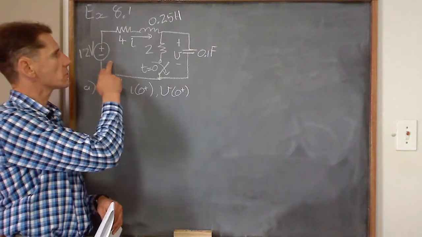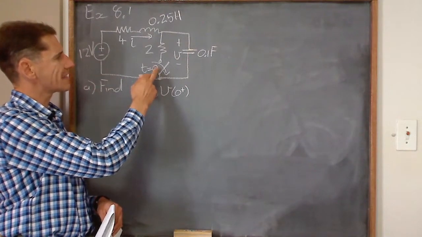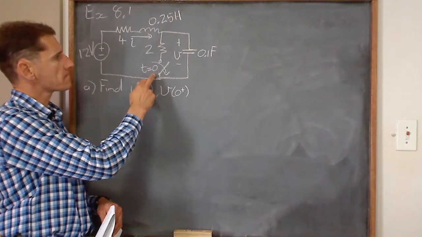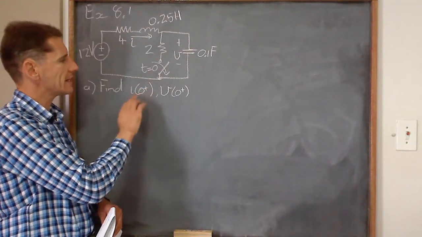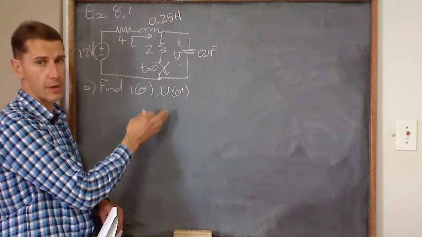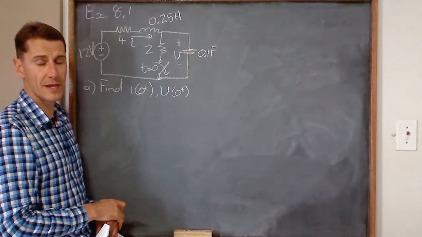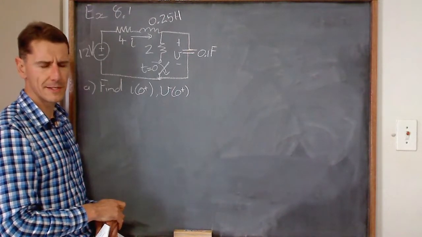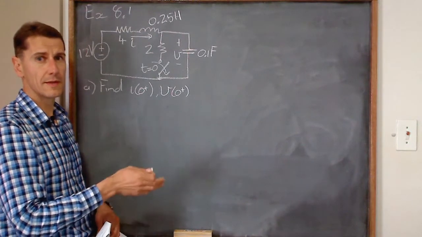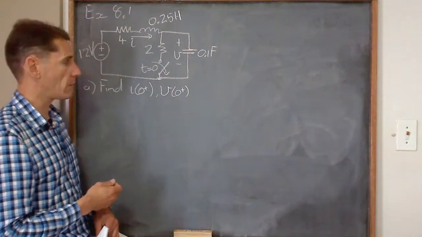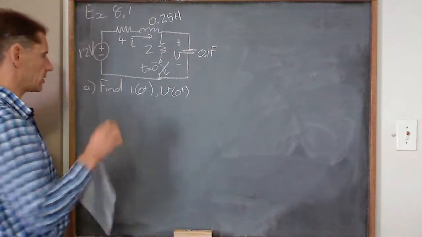We just have a 12-volt source, a switch that opens at time 0. So we need to go and look at what is happening at time 0 plus. Now remember that second point, that i(0 plus) and vC(0 plus) must equal the same values at time 0 minus.